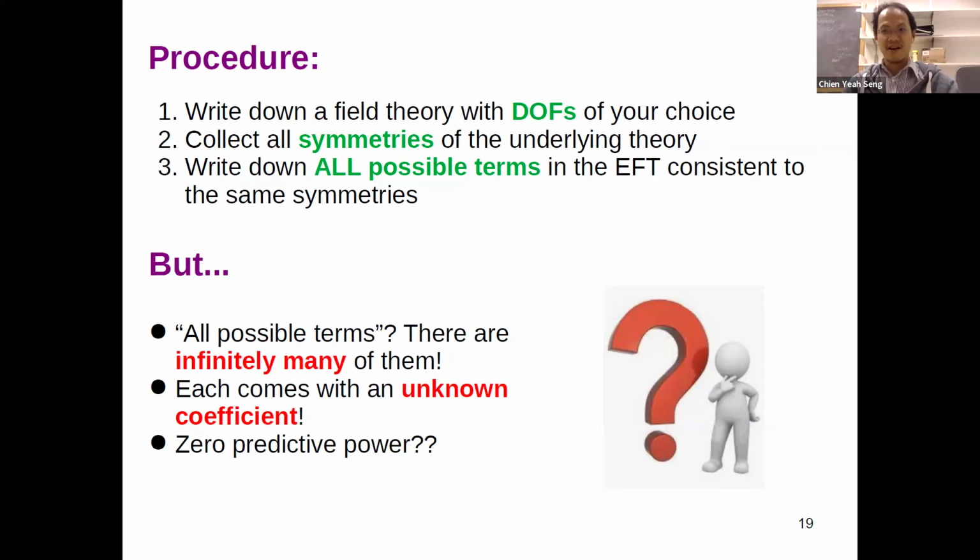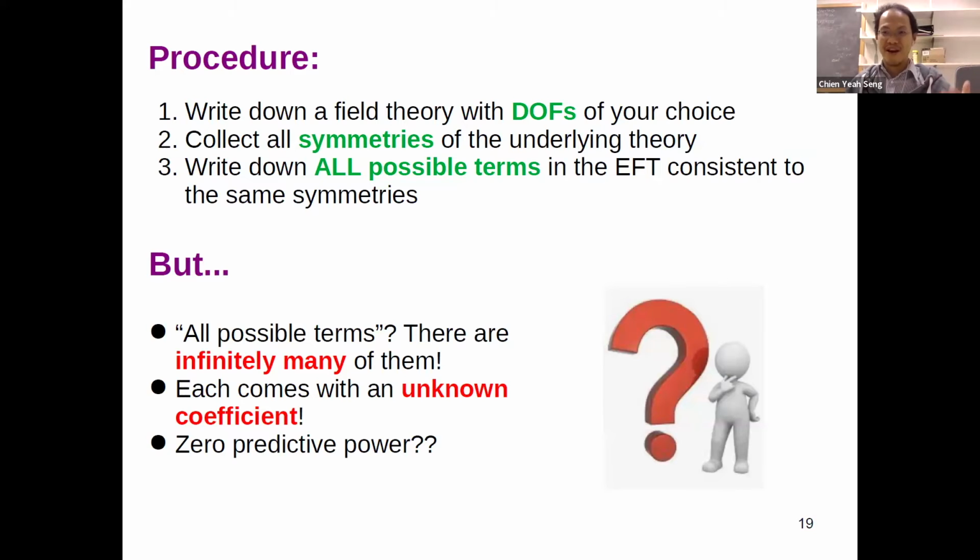And then you calculate the scattering amplitude, for instance, using this most general Lagrangian. Then Weinberg suggests that the outcome of this calculation cannot be wrong, because it just gives you the most general S matrix consistent with all the general concepts of quantum field theory and the required symmetry.